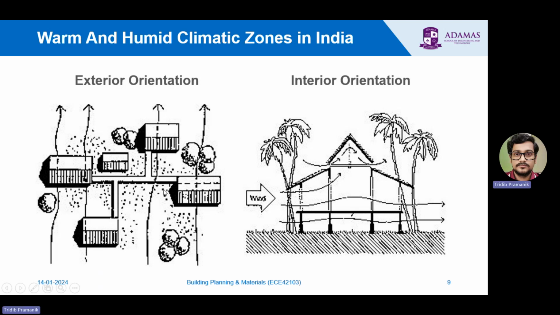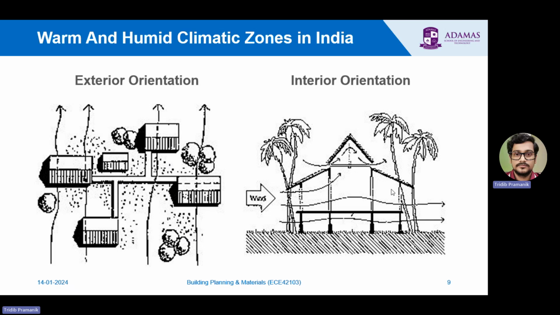Now, in order that all the buildings get good flow of air, the orientation of those buildings is done in a manner that every building can get this air. That means all the buildings should not be aligned in the direction of the flowing wind. Got it?